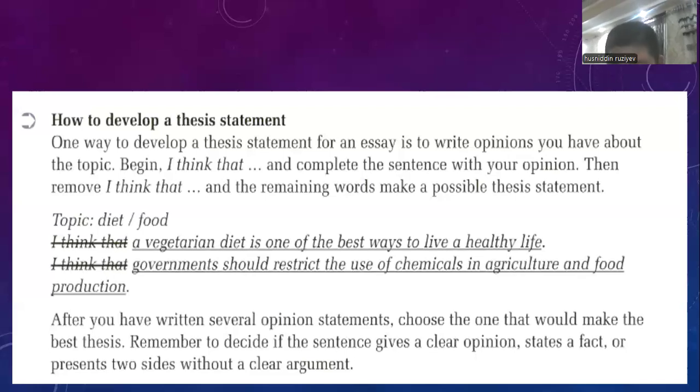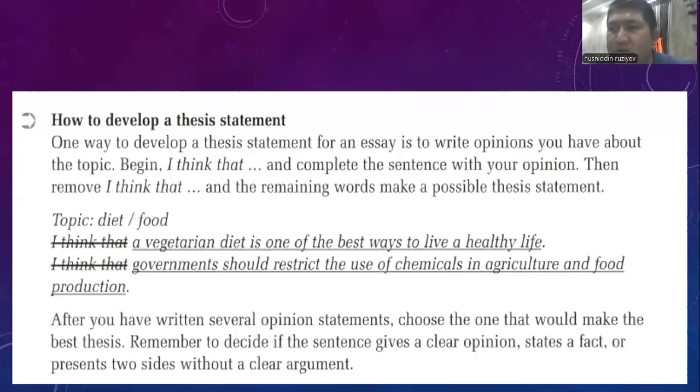So after you have written several opinion statements, choose the one you think is the best thesis, and remember to decide if the sentence gives a clear opinion and also states a fact, or presents two sides without a clear argument. This way is called making a list.